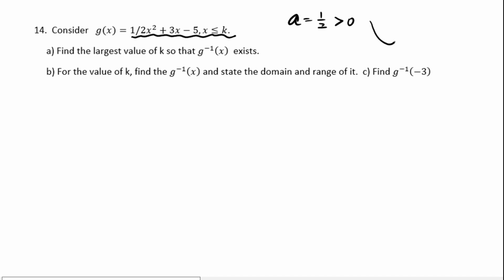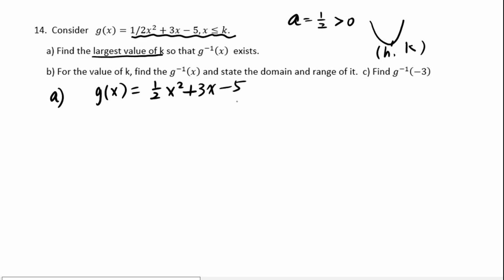The graph opens up. We need to figure out this vertex (h, k) so that we can figure out the largest value of k. We know for g of x equals 1 over 2 x squared plus 3x minus 5, a equals 1 over 2, b equals 3, c equals negative 5.